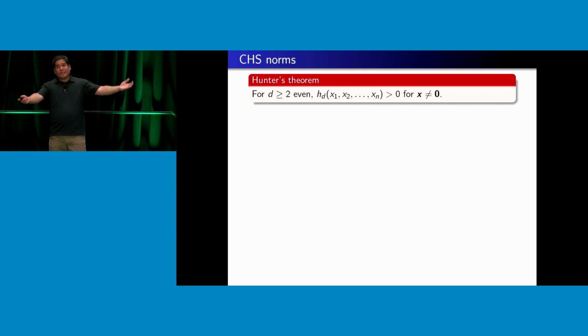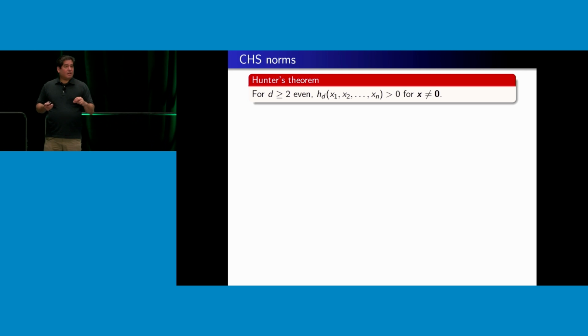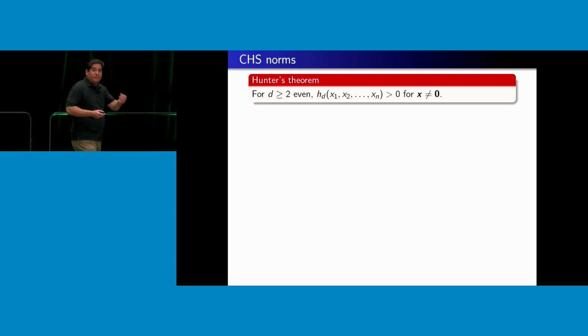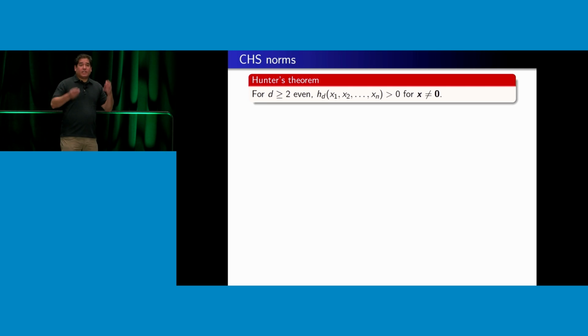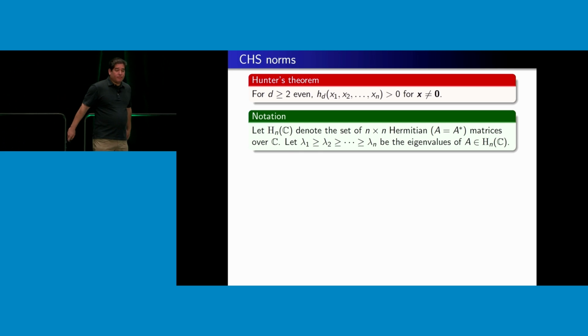So now linear algebra. I promised linear algebra. Hunter's positivity theorem immediately suggests that I use that positivity for some purpose. Hunter's theorem says the even degree CHS polynomials are strictly positive. So if you plug in something non-zero, I get something positive. So why don't I screw around with matrices and eigenvalues?